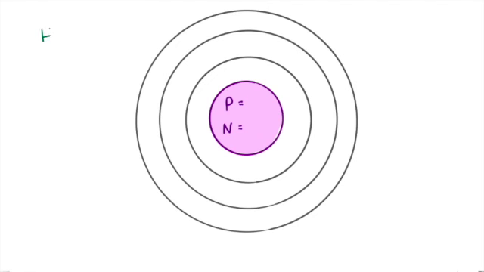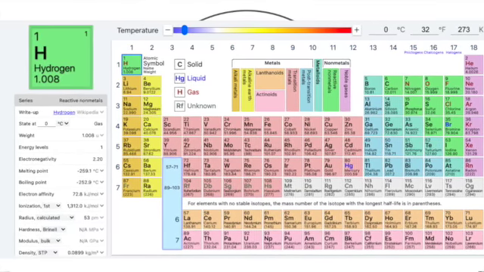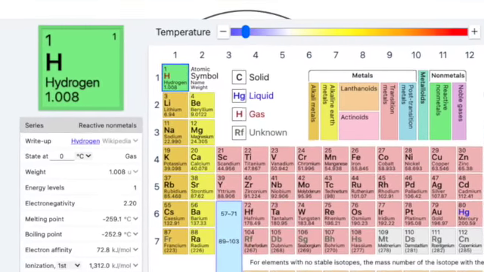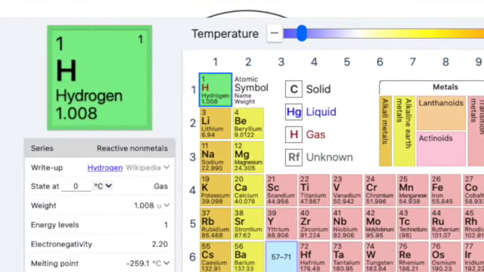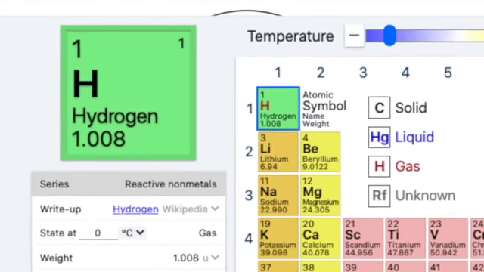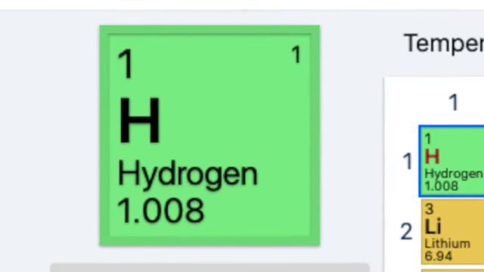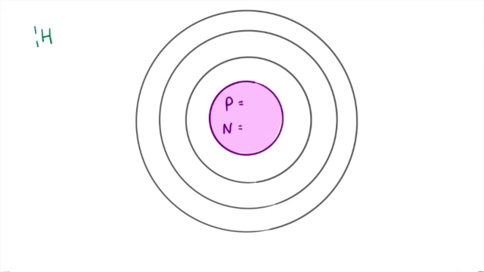So hydrogen, and if we look at the periodic table, hydrogen has the atomic number of 1. Okay, we'll say that the atomic mass of this hydrogen is 1, and it's going to be a neutral hydrogen atom.